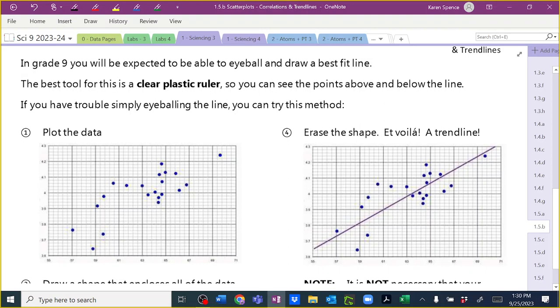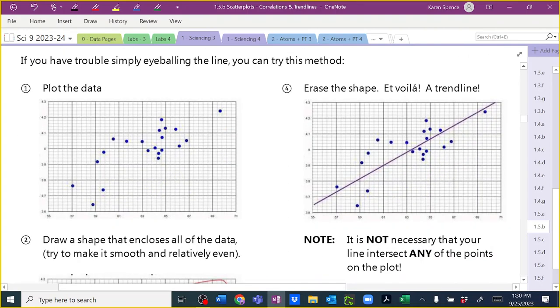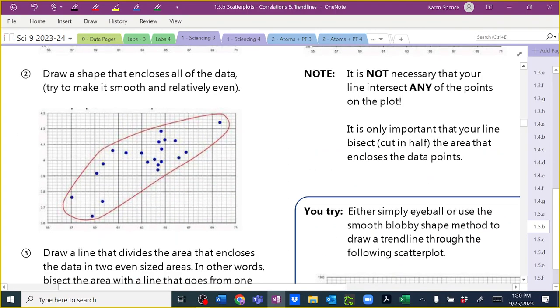There is a method that sometimes people use if they have trouble figuring out where the trend line should be. You can draw a shape that encloses all of the data.